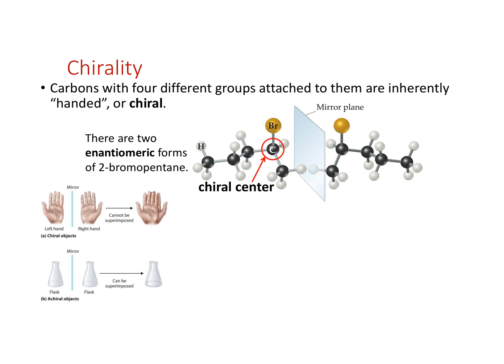So these carbons that have 4 different substituents attached, 4 different branches attached, they are inherently chiral. They are inherently handedness, that they have a left-hand version and a right-hand version.